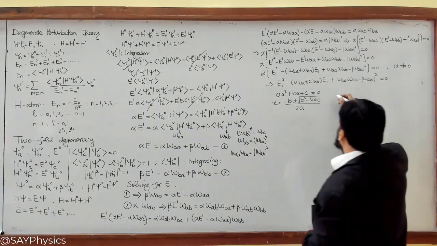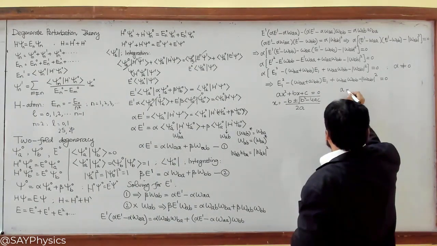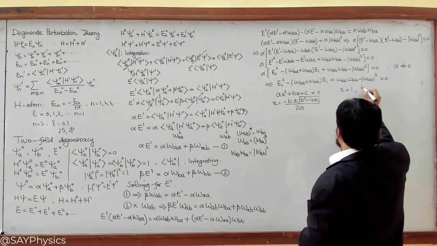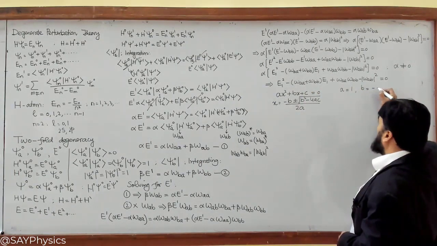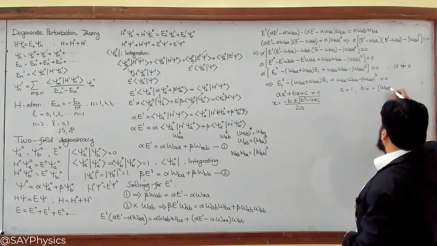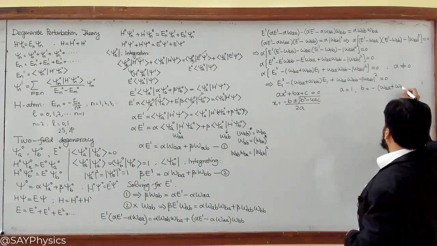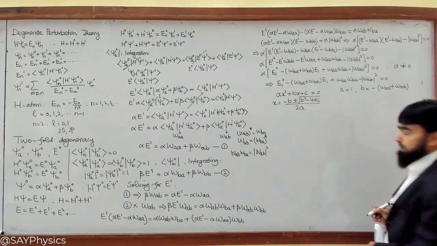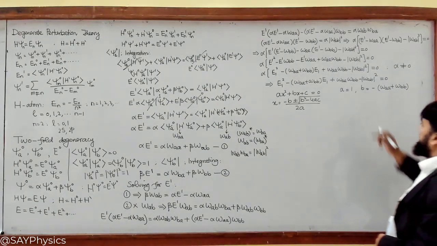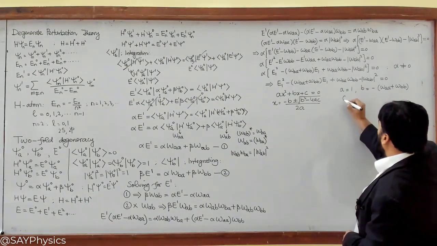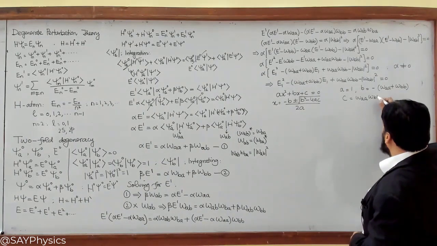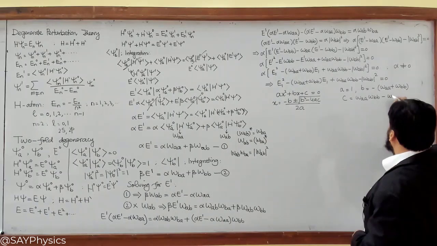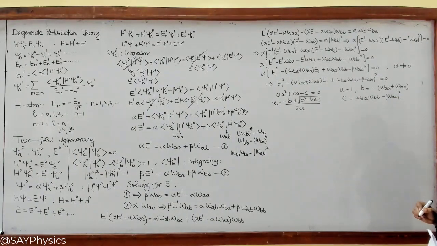So in this equation, I am having a equal to 1, b is equal to minus (WAA plus WBB). And what about c? c here is equal to WAA WBB minus |WAB| squared.